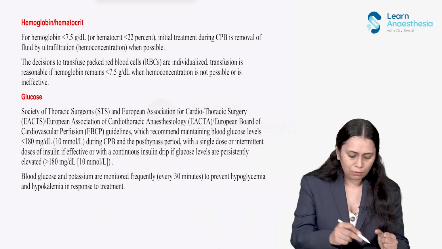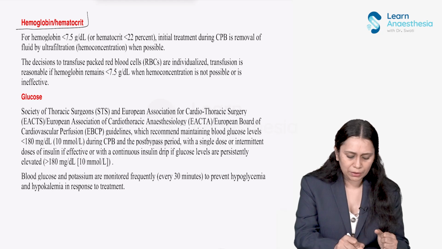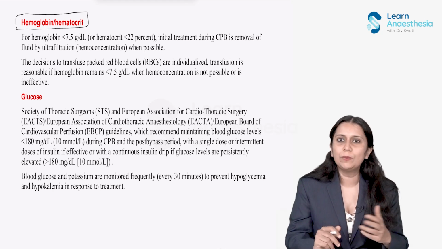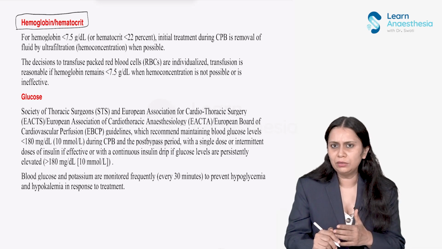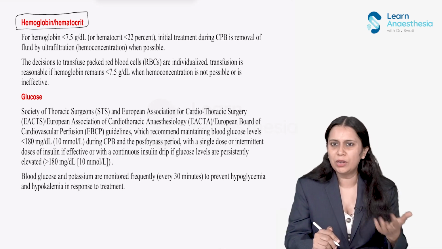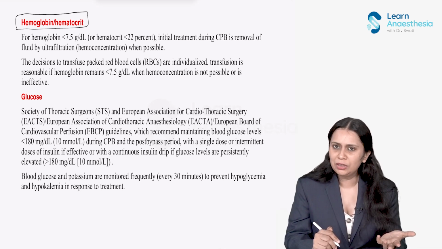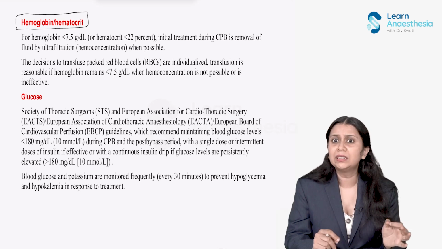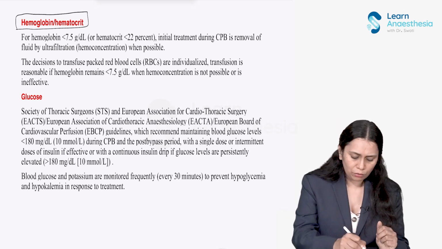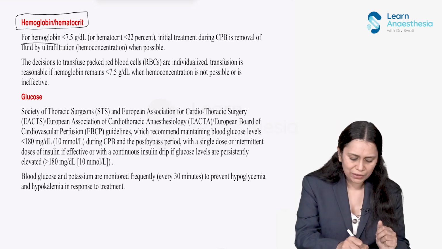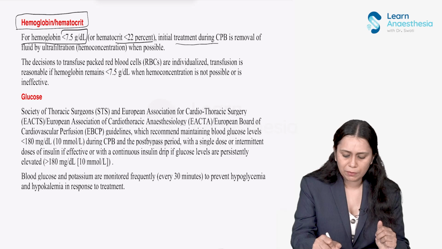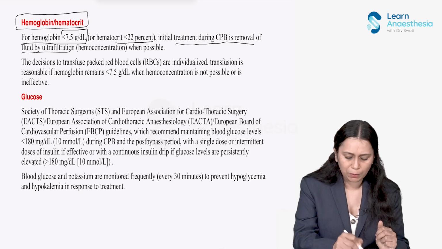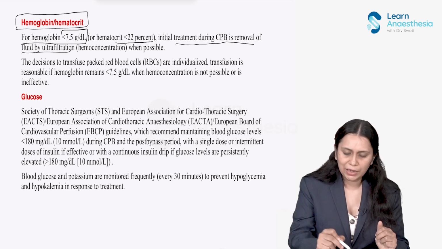Okay. Now, during CPB, what is the Hb that we have to maintain? See, we give a cardioplegic solution and that causes hemodilution. But we need to maintain a certain hematocrit. So, if hemoglobin is less than 7.5 gram, that is hematocrit less than 22%, the initial treatment during CPB is removal of fluid by ultrafiltration whenever possible.